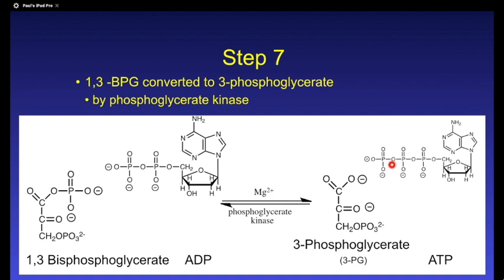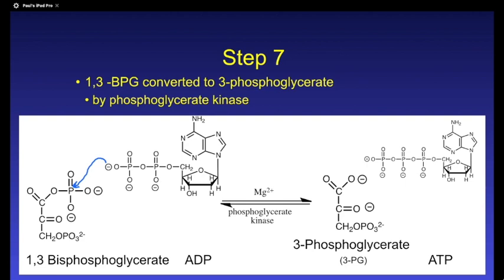Okay, the nucleophiles are the negative ones. So to get that phosphate attached to that oxygen, this oxygen needs to attack it. No base is required at this one because it's already deprotonated. And so this negative charge attacks the phosphate.